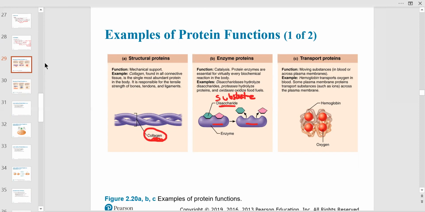The enzyme would be lactase, a protein that's specific for lactose. And lactose is the substrate, the disaccharide. So it could break it up into smaller monosaccharides, and it's a lot easier to absorb the monosaccharides in our large intestine.